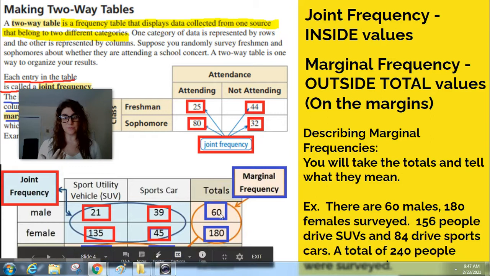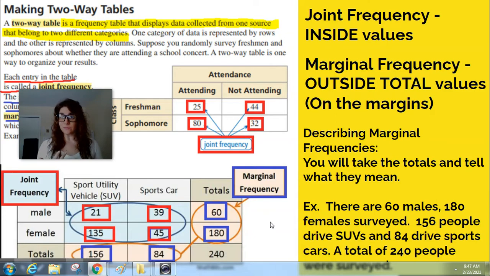Those were the totals in the margins of the rows. I know that 156 people drive SUVs, and I know 84 people drive sports cars because those were the totals in those columns, and that a total of 240 people were surveyed. So whenever they ask you to describe the marginal frequencies, it's just putting into words what happened, what you were surveying, and talking about those totals.